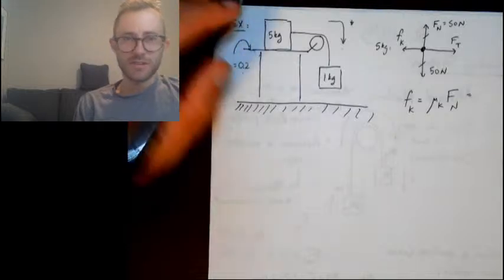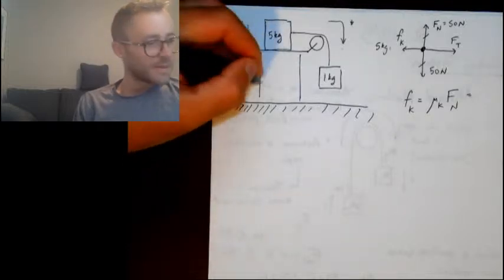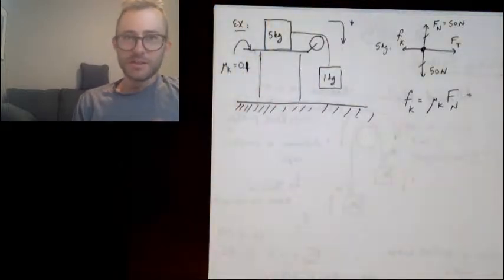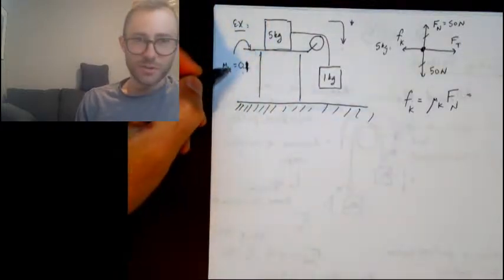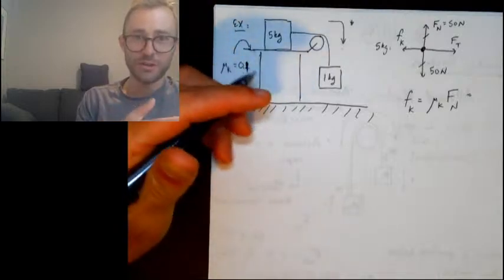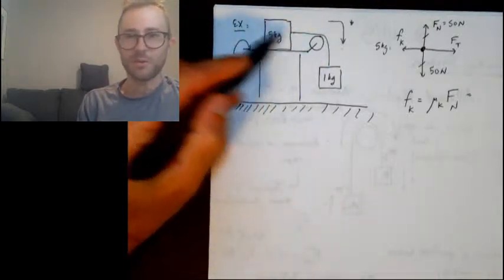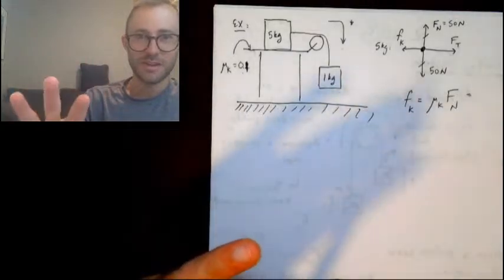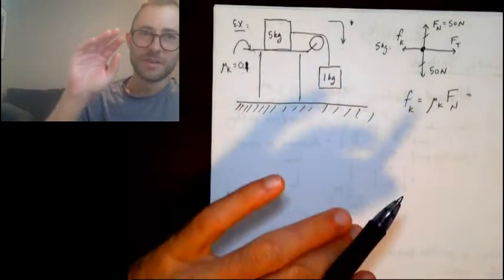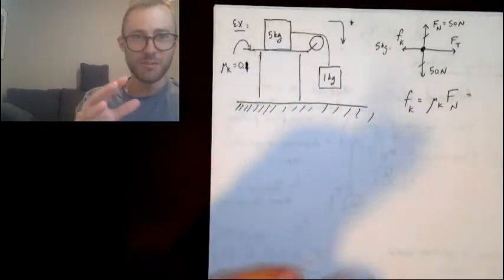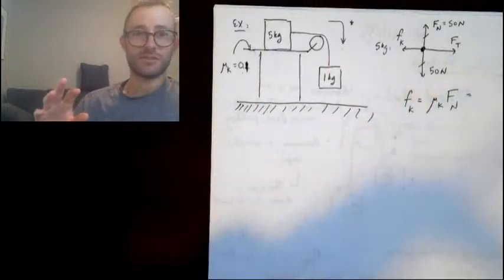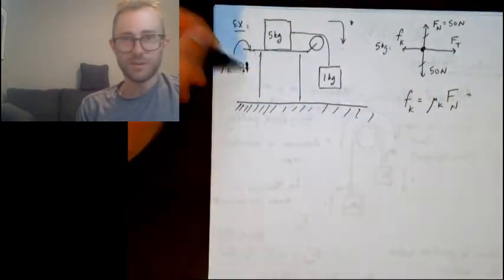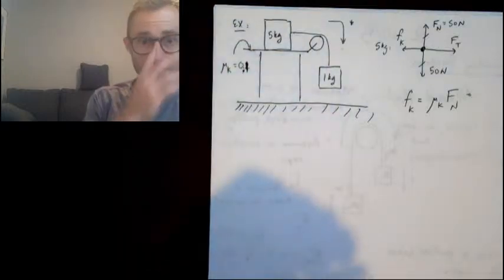I'm going to make it 0.1 instead. Sometimes I had chosen a coefficient of kinetic friction that was too large so that this block wouldn't actually slide. So I won't do that to you. I will always choose my numbers so that there are no contradictions, okay? So that has to be 0.1 in order to allow the block to slide.